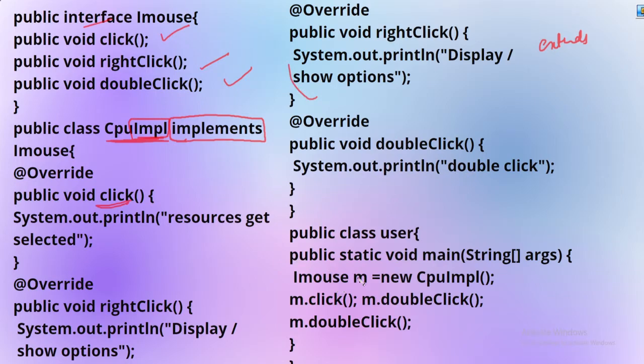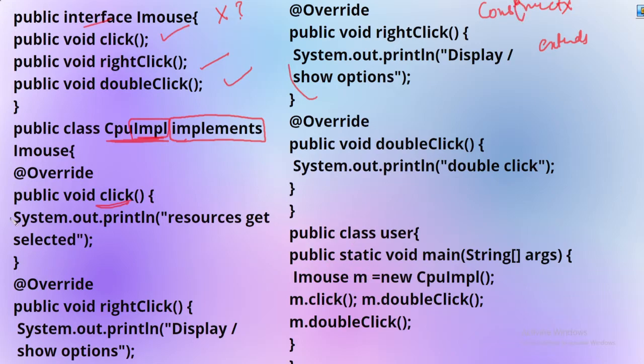Whenever I'm going to create a new object of this interface class, always remember you cannot create an object of an interface. Why? Because the interface does not have constructors. There are no constructors in the interface, and without a constructor you cannot create an object.